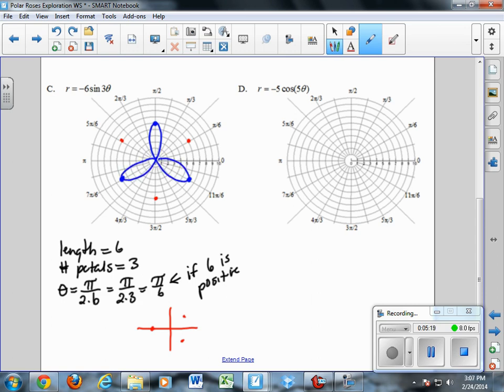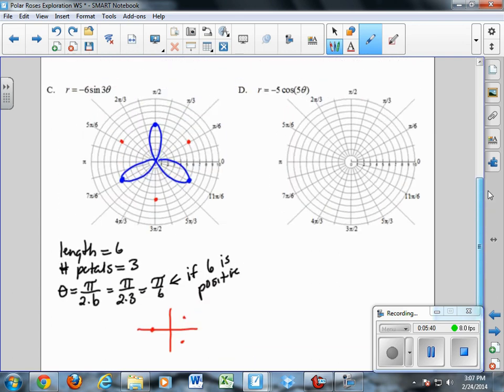The red dots are just for a frame of reference before I make all my r values negative. By making it negative 6, it takes all my r values the opposite direction of the way they were. I'm going to do the same thing for my cosine graph. For my cosine graph, I know that I've got 5 petals of length 5.